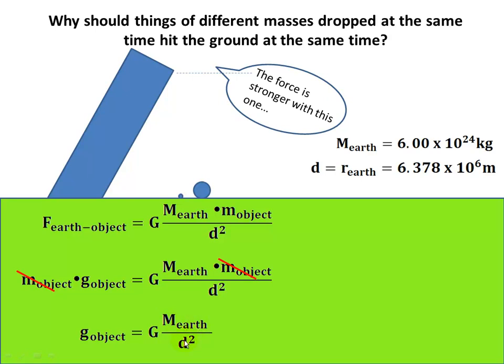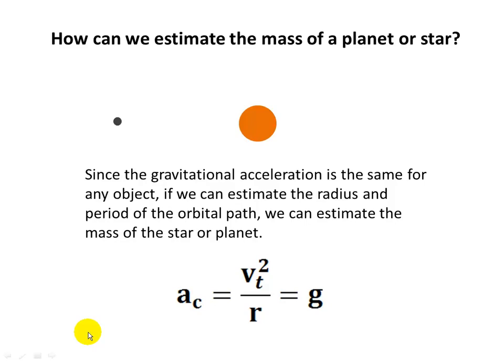If you talk about the distance at a certain position away from the center of the sun, and put in the universal gravitational constant, no matter what the mass of the other object is, its gravitational acceleration is going to be the same. So that's what we're saying here. Since the gravitational acceleration is the same for any object at the same distance, if we can estimate the radius and the period, that means how long it takes to go all the way around once in its orbital path, we can estimate the mass of the star or planet.